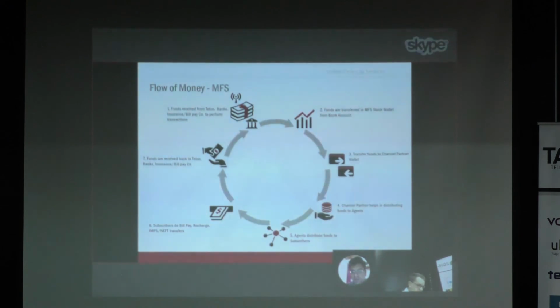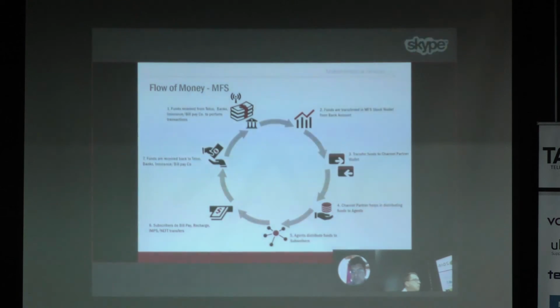Here we explain the flow of money in MFS. We have the stock wallet. First, the bill companies, the operators, and the banks invest into the stock wallet. The stock wallet is then transferred to the channel partner wallet, which helps in distributing the funds to the agents.